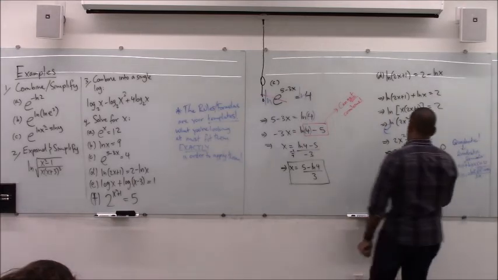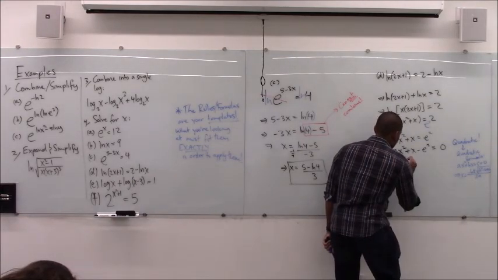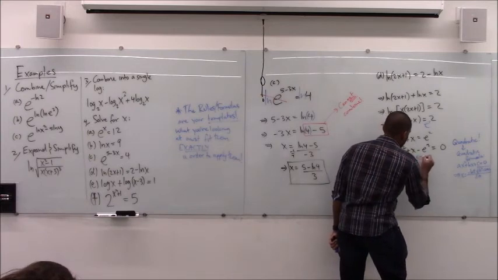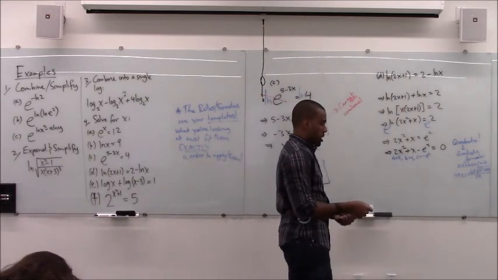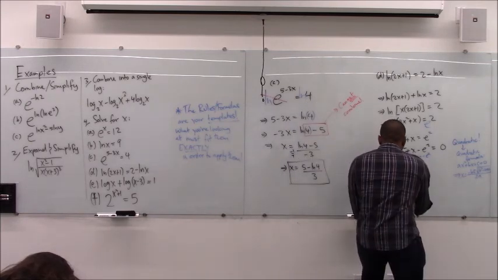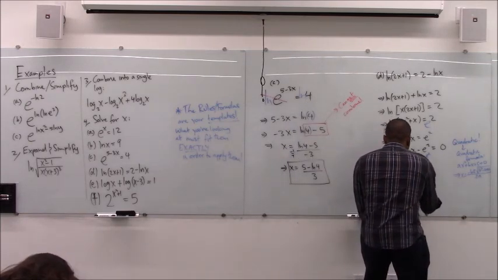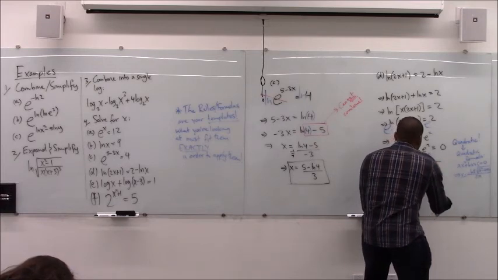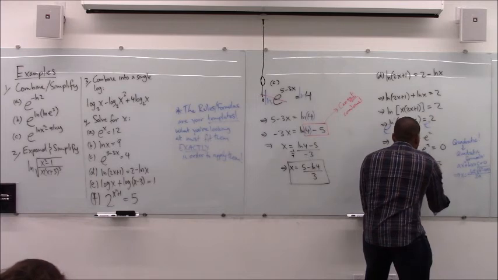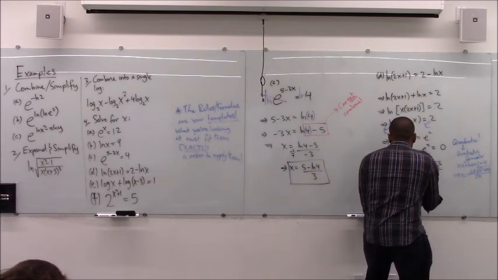So here your a is 2, your b is 1, your c is minus e squared. And I can apply the quadratic formula. So my x is minus b plus or minus the square root of b squared minus 4 times a times c, which makes this a plus, all over 2a.